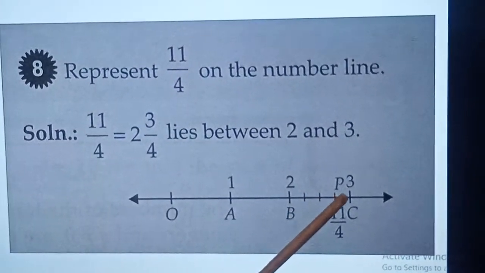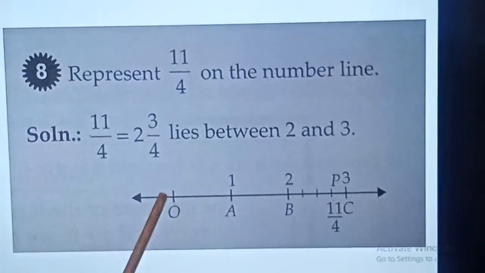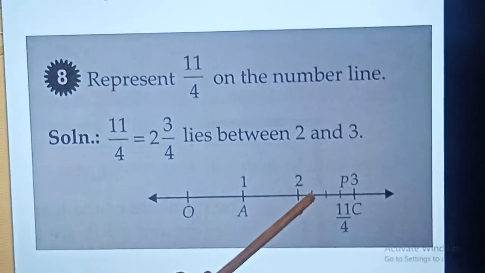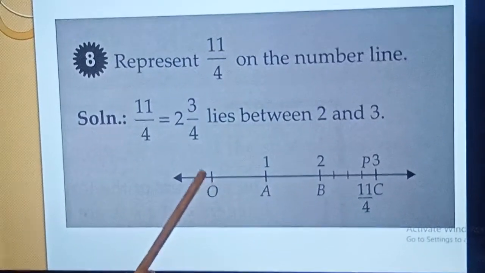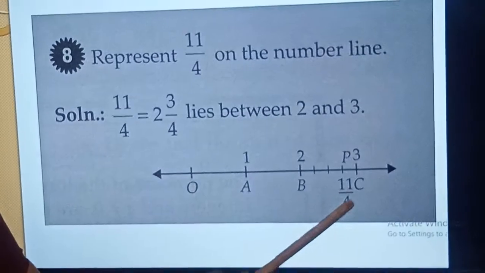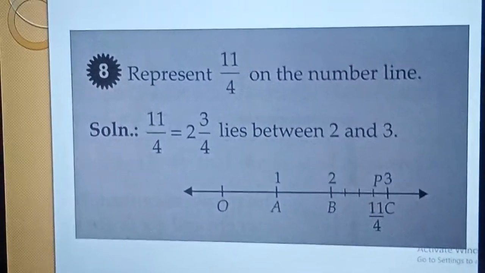So 1, 2, 3, 4 divisions are here. Then after 2, we take 3 divisions, and that is where we get 11 upon 4. I hope you understood well.